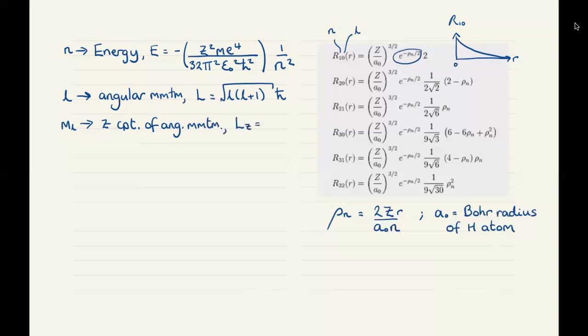Lz is equal to m sub L times h bar. And again, the wave functions are eigenfunctions of the energy, the L squared, and the Lz operators.